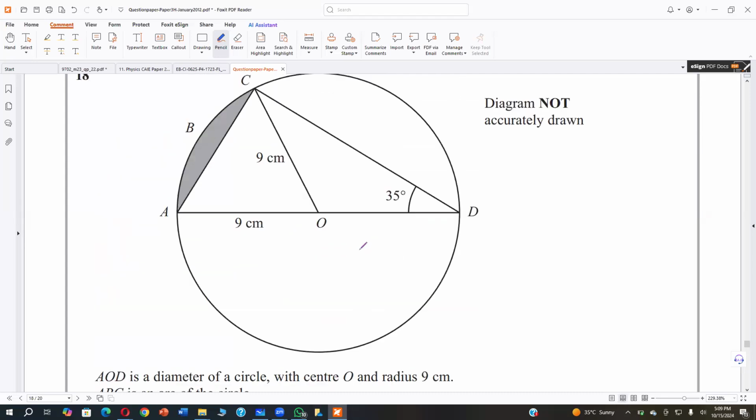This is a mensuration question. We have two sides of 9, and we have a 35-degree angle here. So I was thinking if I can find this angle theta.